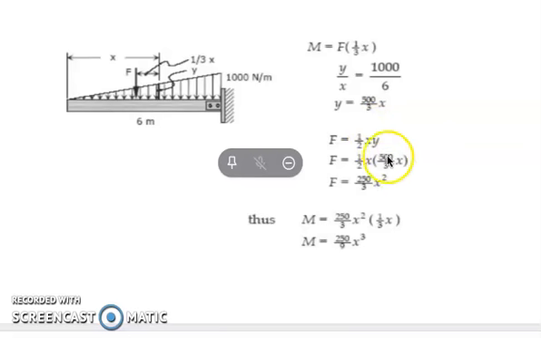Substituting y, which is 500 over 3 times x, F is equal to 250 over 3 x squared. Now we can have our moment: F times 1/3 of x, so 250 over 3 x squared times 1/3 of x. Therefore, M is 250 over 9 x cubed.